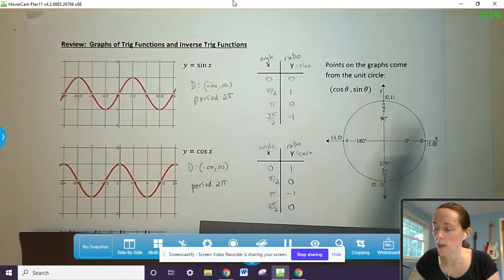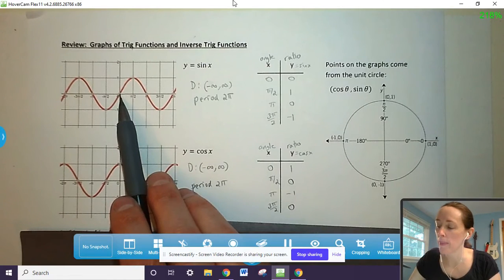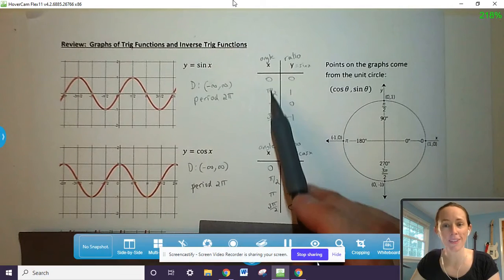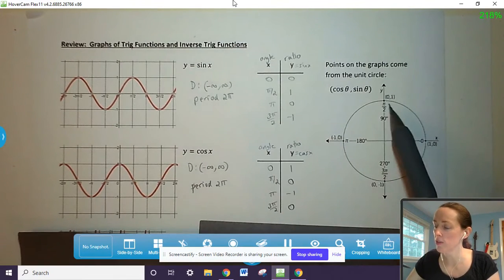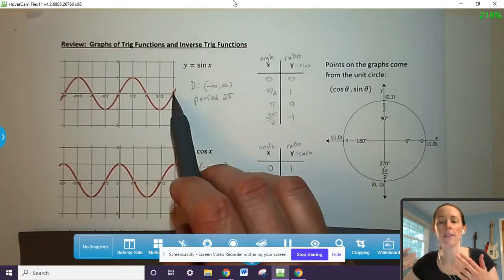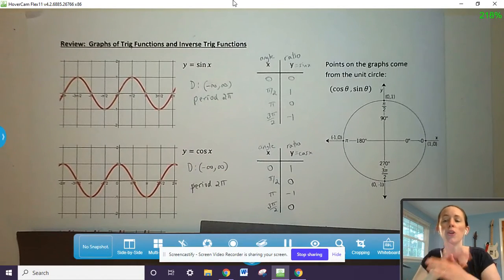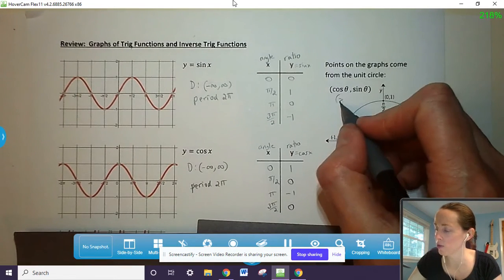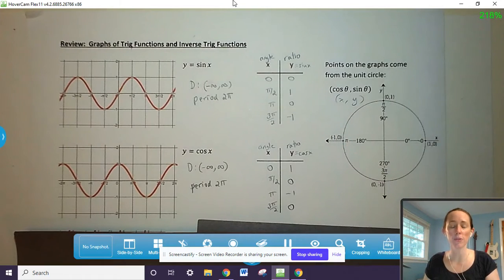All your intercepts, which are points of inflection, your maxes, and your mins all occur at quadrant angles. So if you know just those points on the unit circle, and you know that these graphs are going to be a hill and then a valley and then a hill and then a valley and just repeat, you can always get these graphs again, as long as you know that the x-coordinate is cosine and the y-coordinate is sine on the unit circle. So that's how we graph those.